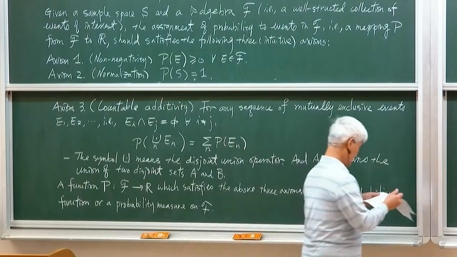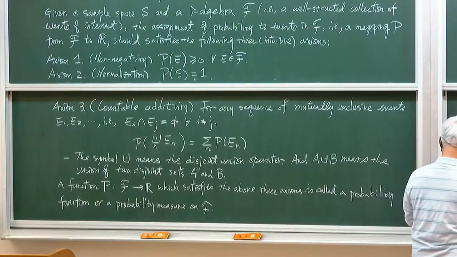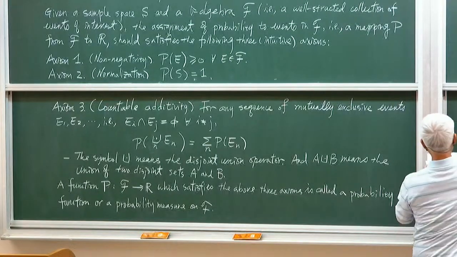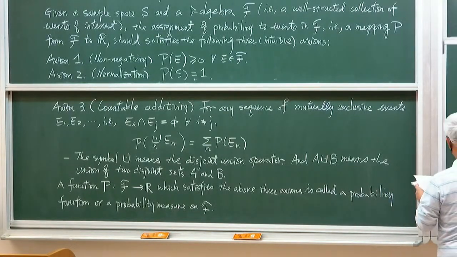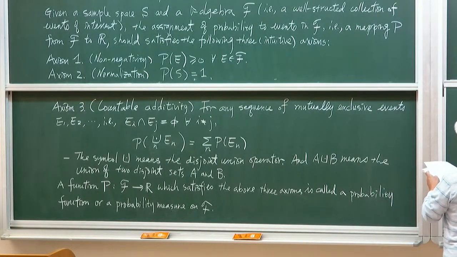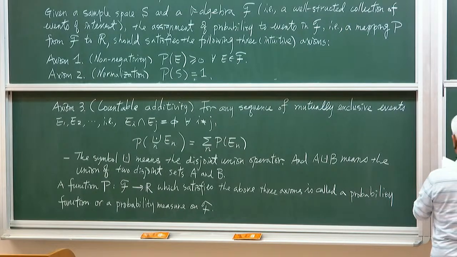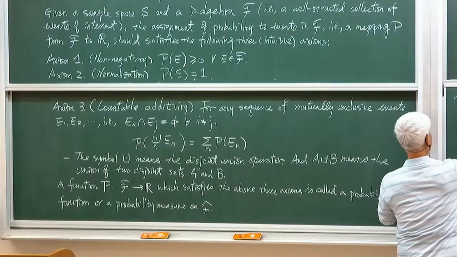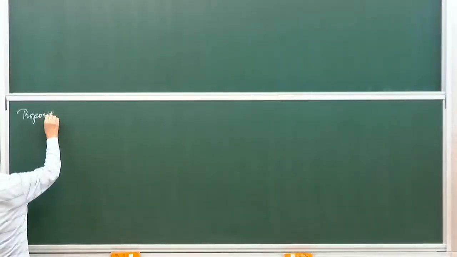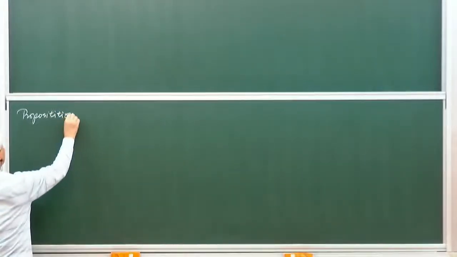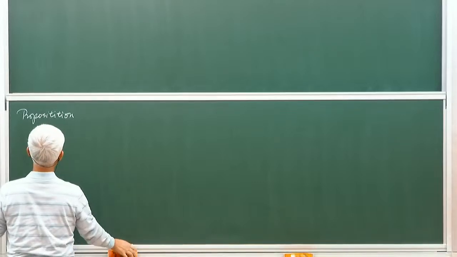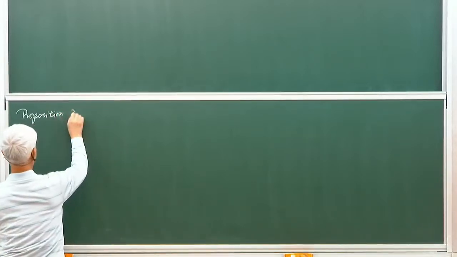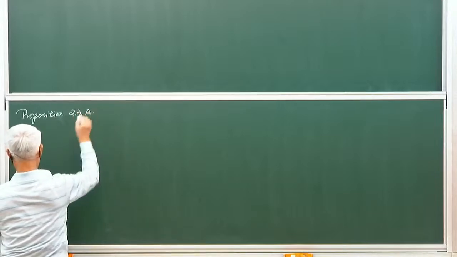Okay. I would like to deduce several propositions from the three axioms. The first one is Proposition 2.3.a.